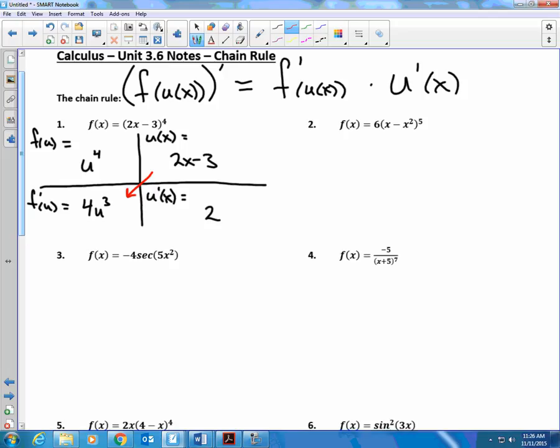Helps me get the problems correct. I'm going to multiply these together. What's 2 times 4u to the 3rd? 8u to the 3rd, right? Which is 8 times what's u? 2x minus 3 to the 3rd power.